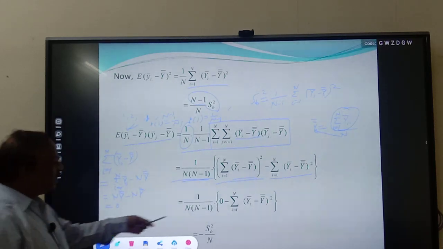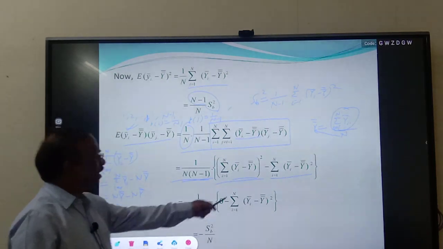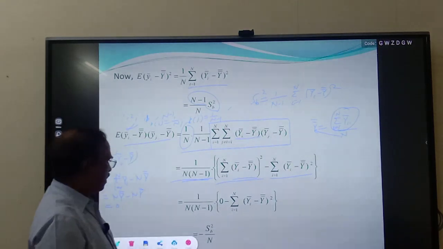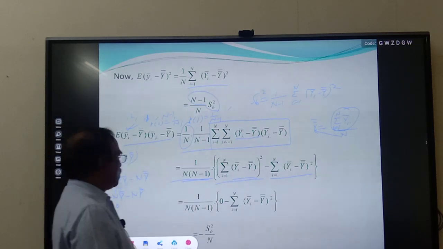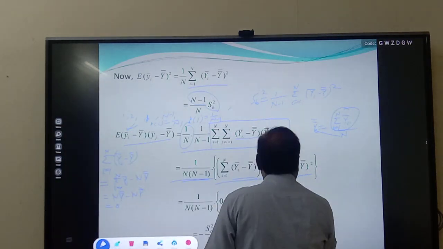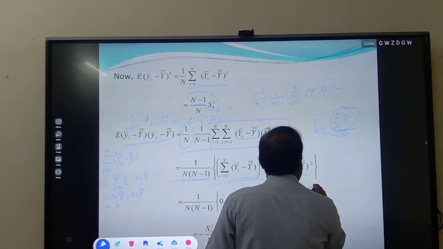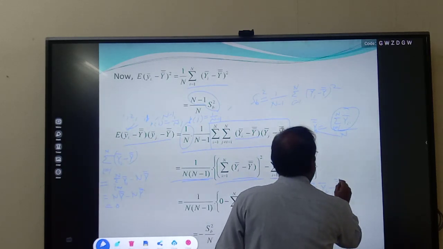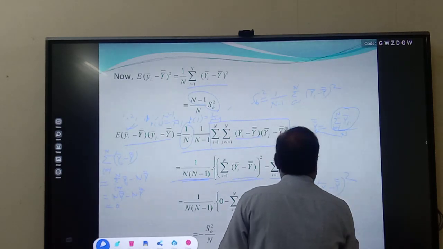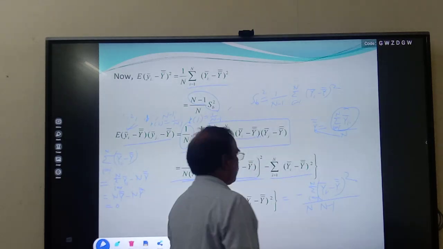So we are writing this value as 0, and here we substitute minus 2. So again this becomes equal to minus of sum i goes from 1 to n of (yi dot bar minus y double bar) whole square, divided by n into n minus 1.